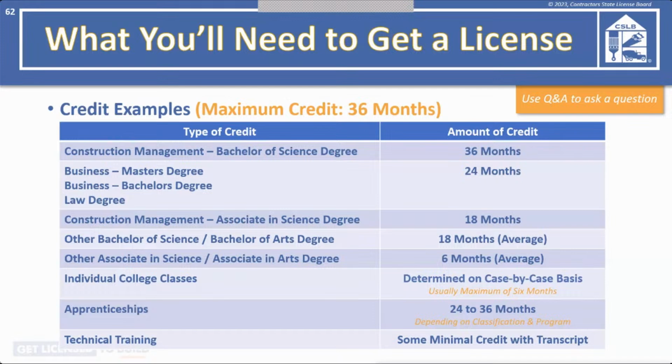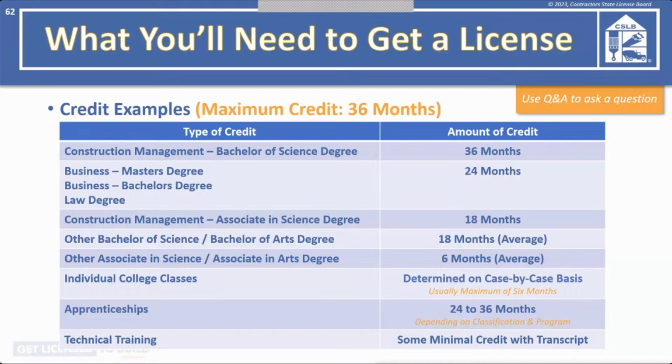When you say additional qualifier under someone else's, there can only be one qualifier for each classification on a license. So yes, you can be an additional qualifier for different classifications, but the best thing is to send in your question in more specific detail of what exactly you're trying to do to the licensing at cslb.ca.gov.